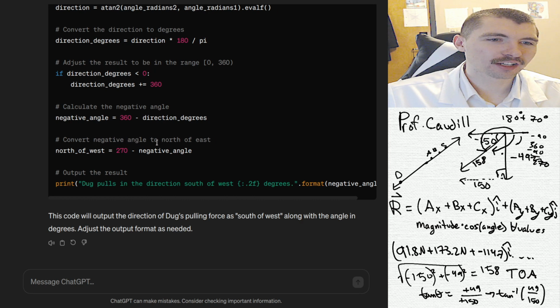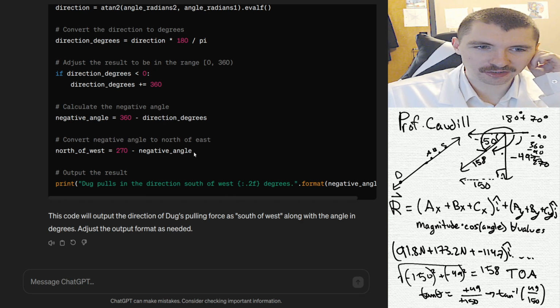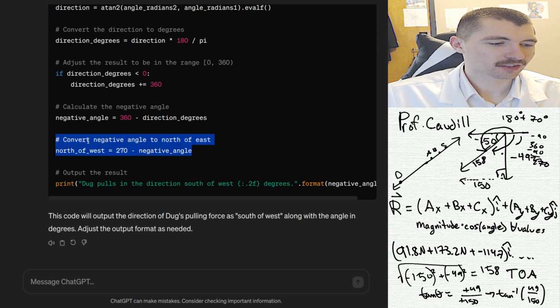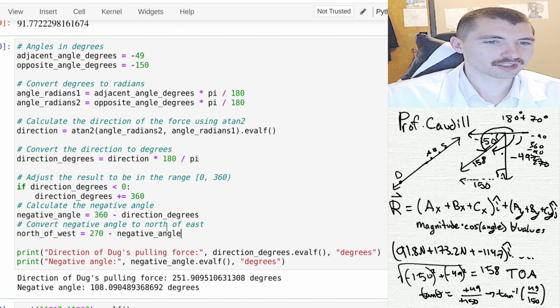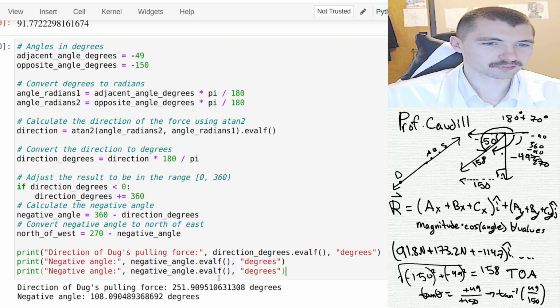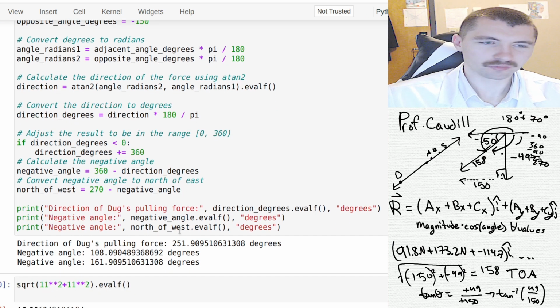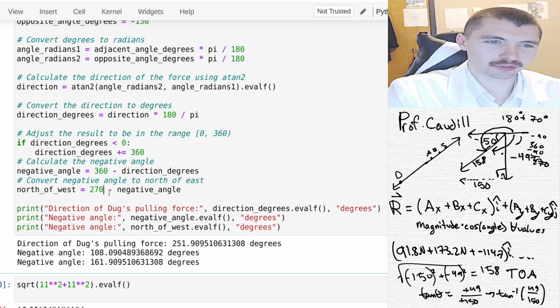Convert the negative angle of northeast. So north to west is 270 minus negative angle. So that's not right either. It should just be 90.